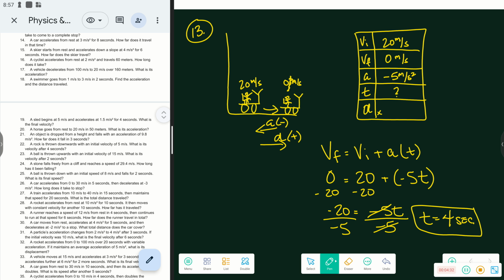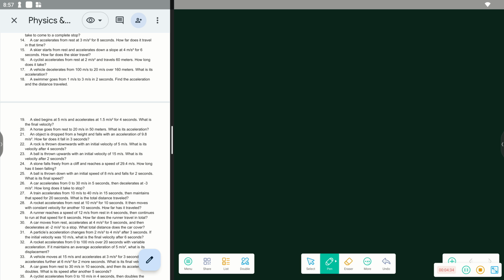Number 14. A car accelerates from rest at 3 meters per second squared for 8 seconds. How far does it travel? Okay, so the car is at rest, 0 meters per second. It accelerates in a positive direction.